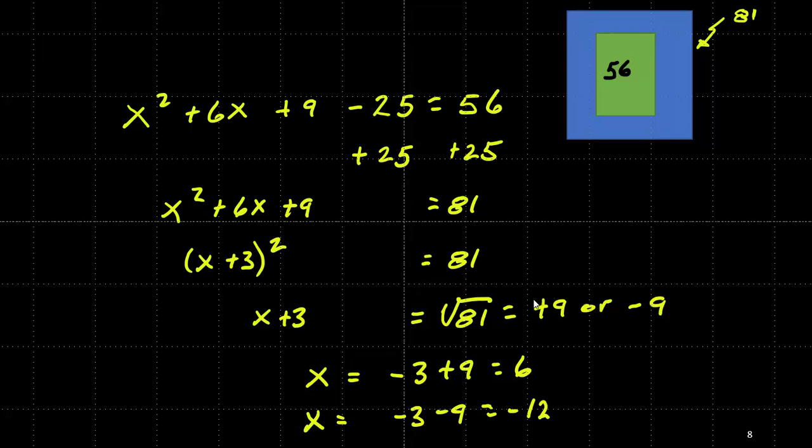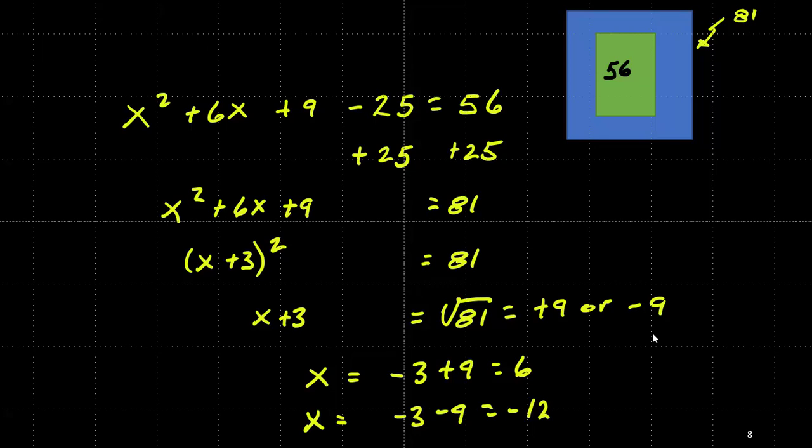If I square positive 9, I multiply it by itself, I get 81. If I square negative 9, that's negative 9 times negative 9. A negative times a negative is positive. That is positive 81 again. And then we just subtract 3 from both sides.